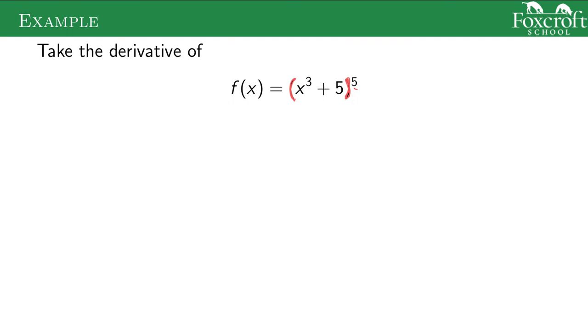But if we recognize that this was x to the 5th, where I replaced everything in the parentheses with a single x, we can take the derivative of x to the 5th using the power rule, and that is 5x to the 4th. The derivative of this 5th power: we bring it down and subtract 1 from the exponent.